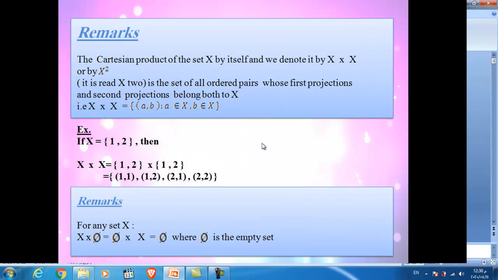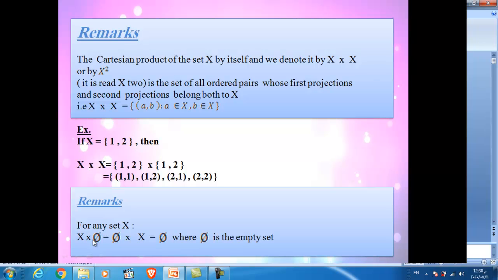Remarks. The Cartesian product of the set X by itself, we denote it by X times X, or X², and it equals (a, b) such that a belongs to X and b belongs to X. So if we want to get X times X, if X equals {1, 2}, we will take (1,1), (1,2), (2,1), (2,2).